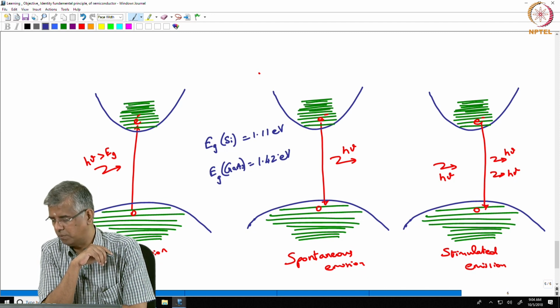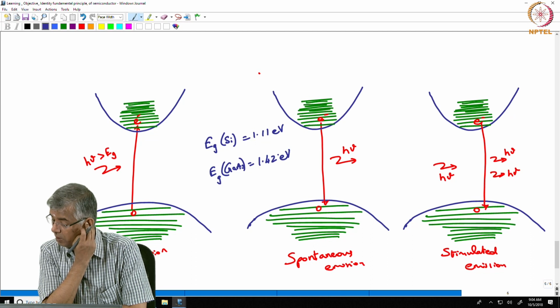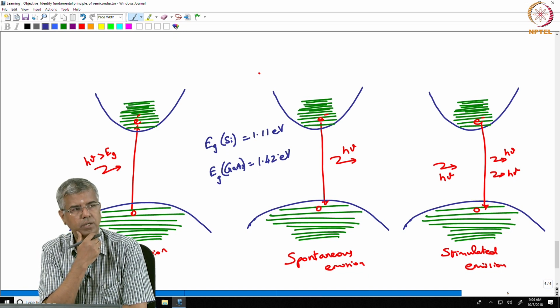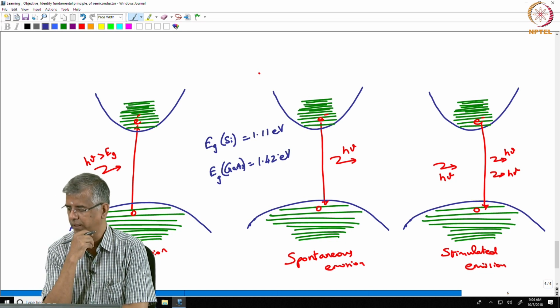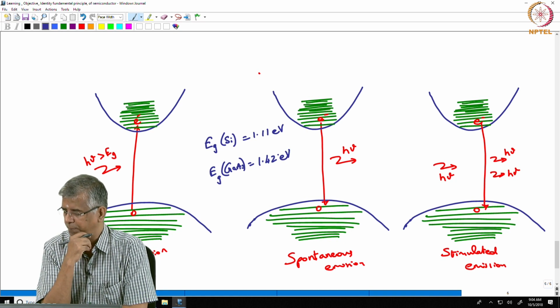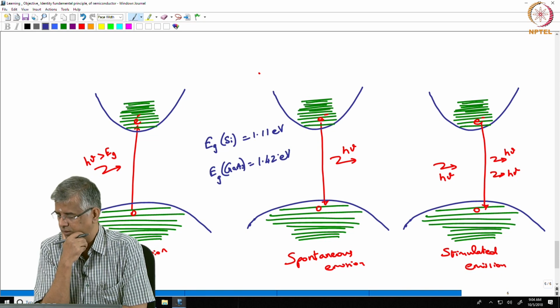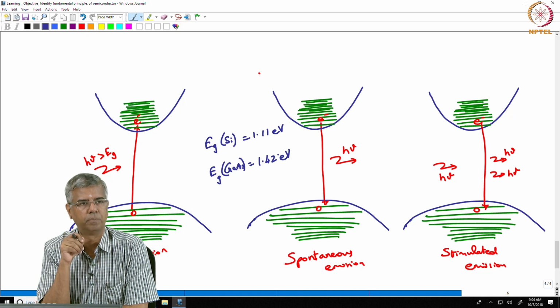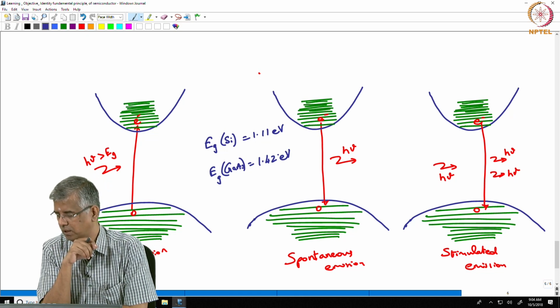So, if you come in with a photon with energy greater than the band gap energy, and at those corresponding energy levels you have an electron and a hole, then you can actually have stimulated emission. I should emphasize the fact that there should be an electron and a hole present at those energy levels.